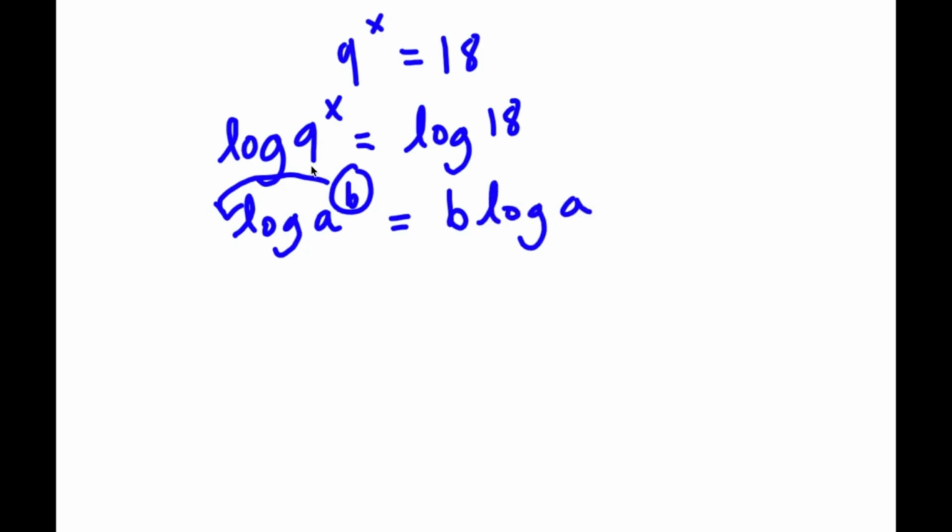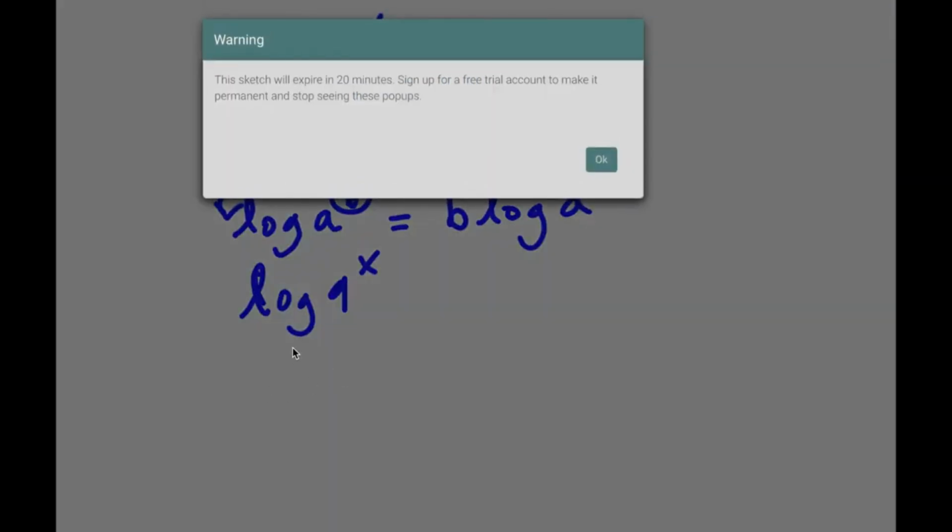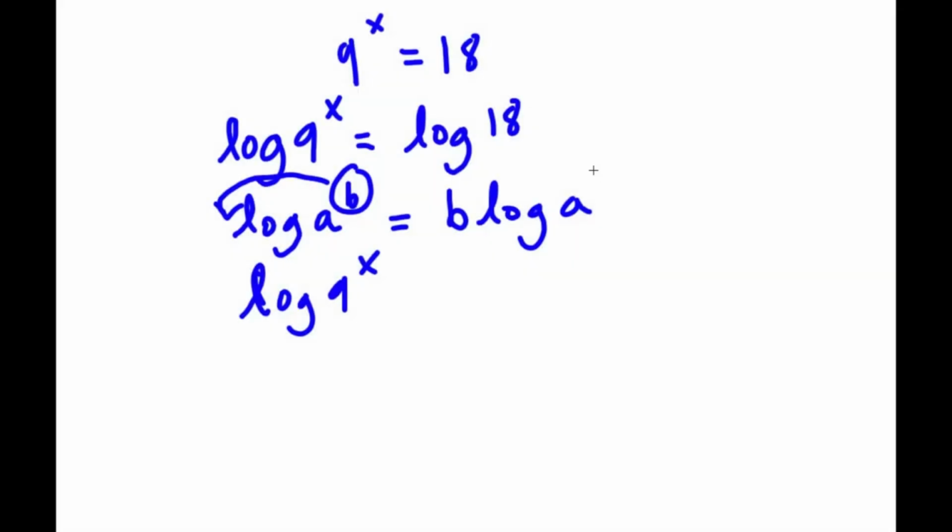So I'm going to use this property on log 9 to the power of x. So we can think of 9 as a and x as b. So I'm going to move our x here to the front of the logarithm.